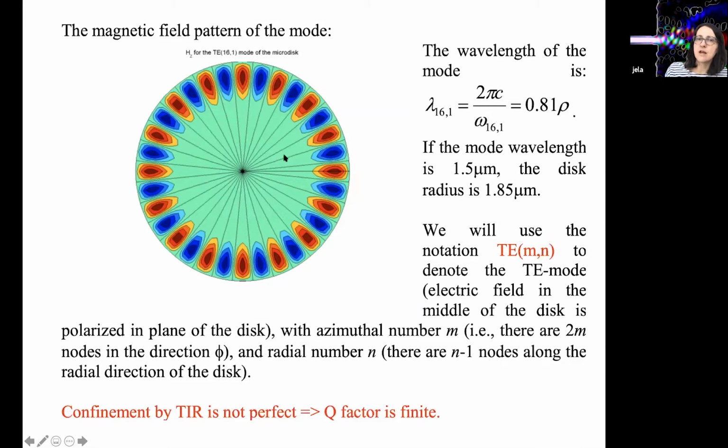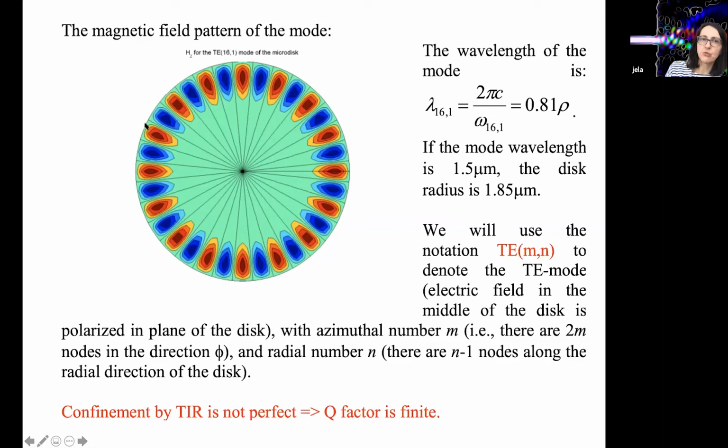And if you go in the radial direction, it will look exactly as Bessel function J16 until you get to the first zero. So nothing, nothing, nothing, and then a lobe. And of course, you have to flip a sign here because of that angular distribution. But other than that, you only reach the first zero when you get to the edge of the disk.